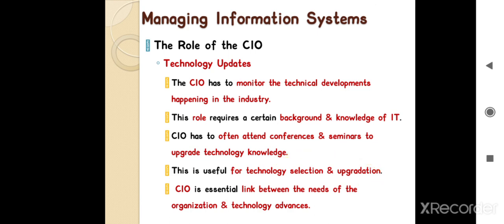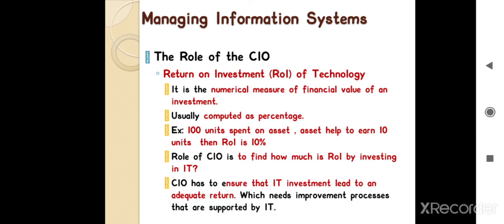So the CIO plays the most important role, like a link between the needs of the organization and technological advancement. The chief information officer is the most important person who is going to have the technological updates along with the vendor related activities.